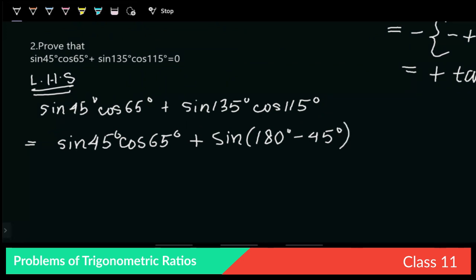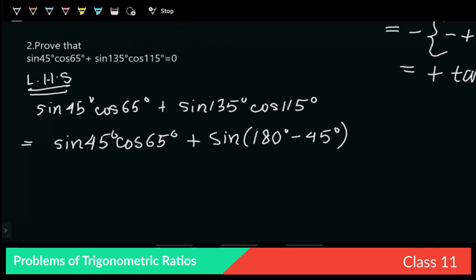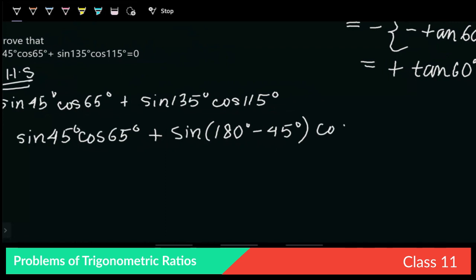Okay, so in place of 135 degree, I can write this as 180 minus 45. Now see, in place of cos 115 degree, I can write 115 degree as 180 degree minus 65 degree.